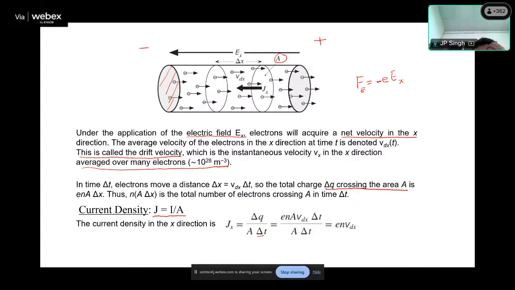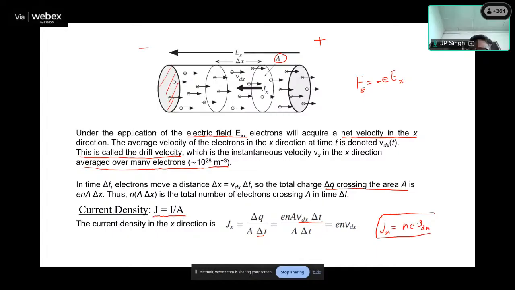The total charge will be simply e times n A v dx t, where v dx is the drift velocity. With a little bit of working, it's easy to see that our current density in the x direction will be n e v dx.